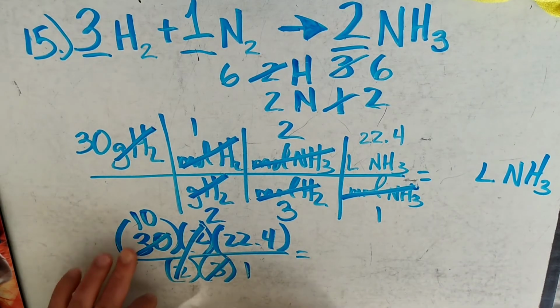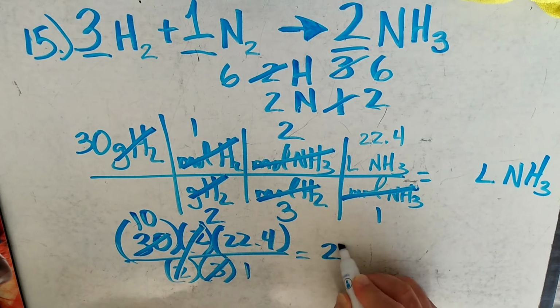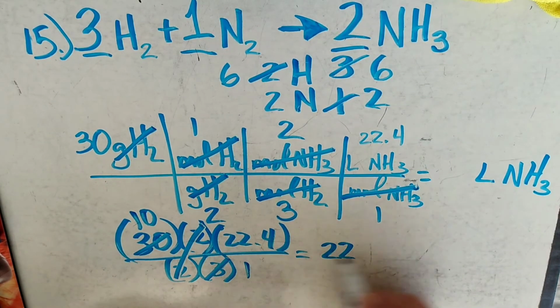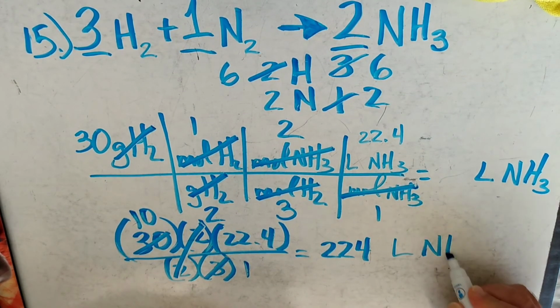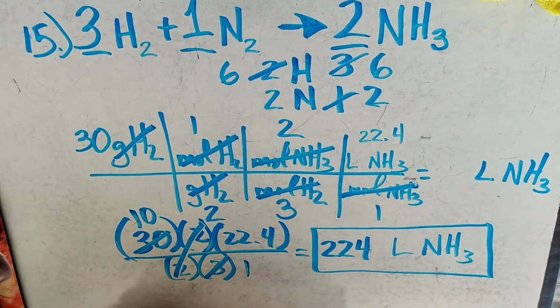So what we really get is 10 times 22.4. We're going to just move that decimal over. 240 liters of NH3.